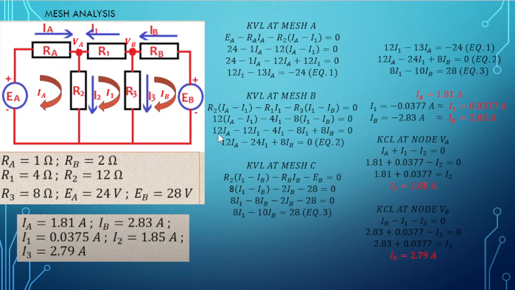So we have 12 IA minus 12 I1, then minus 4 I1, then R3 is 8, so negative 8 I1 plus negative times negative, so positive 8 IB equals 0.